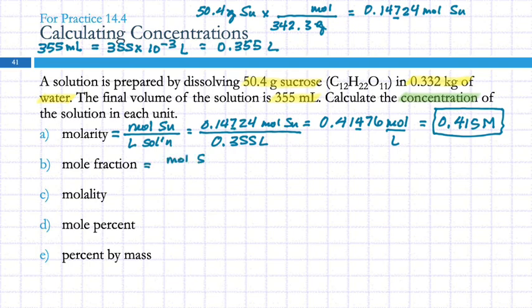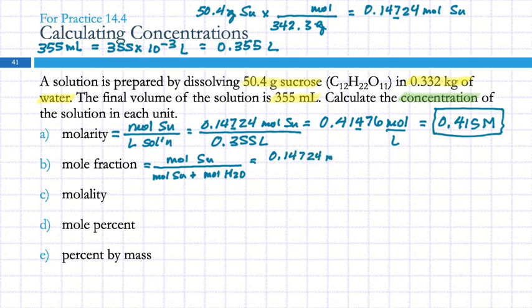Moles of the solution. It's the part over the whole. So we need the moles of the whole solution, right? So there's two parts, the solute and the solvent. And so down here, we're going to have the moles of sucrose again, plus the moles of water. Well, we already know the moles of sucrose, so that's nice.